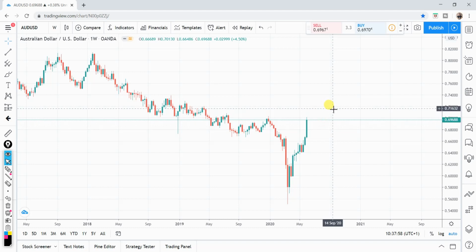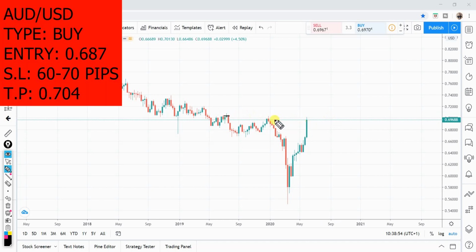Our target is gonna be up to this level. I know the price already came up and air kissed it, but our target is slightly higher, so roughly about 70.40 zone. So it's around these highs.